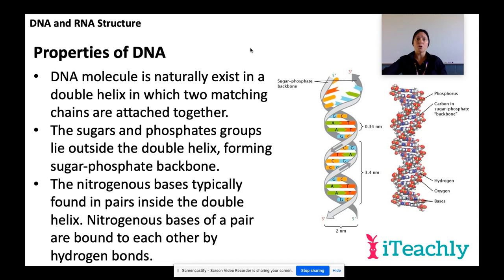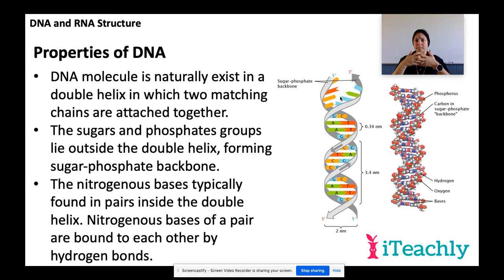The other thing to note is that on this model, the strands on the outside are where the phosphate and the sugar are found, and inside here is where the bases are found. So oftentimes we say the sides of the ladder of the DNA molecule are composed of alternating sugars and phosphates, and the steps of the ladder are where the bases are found.